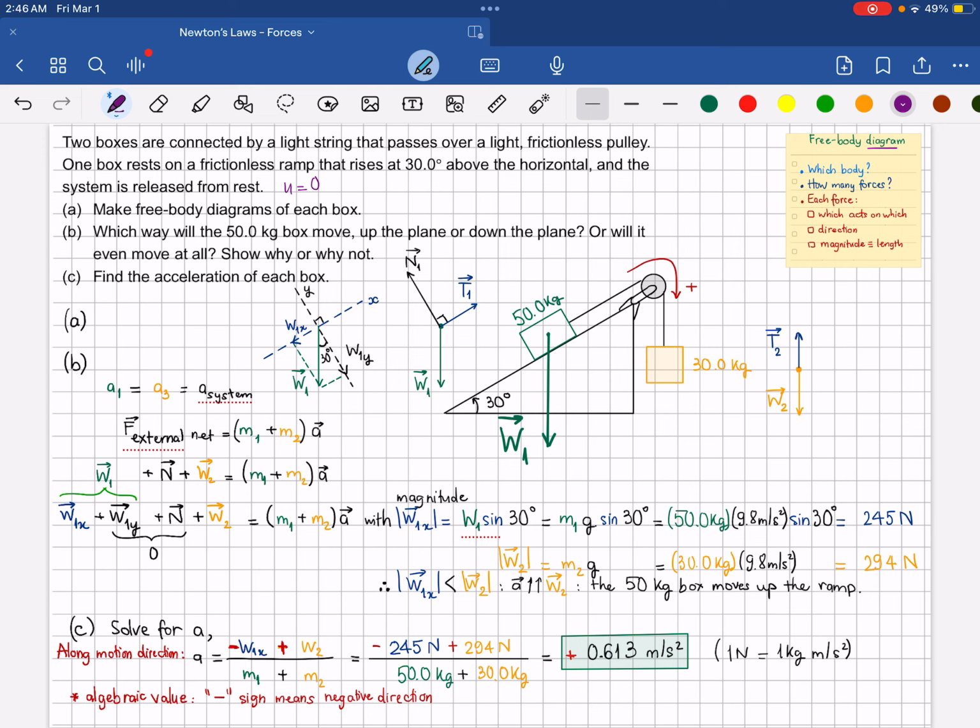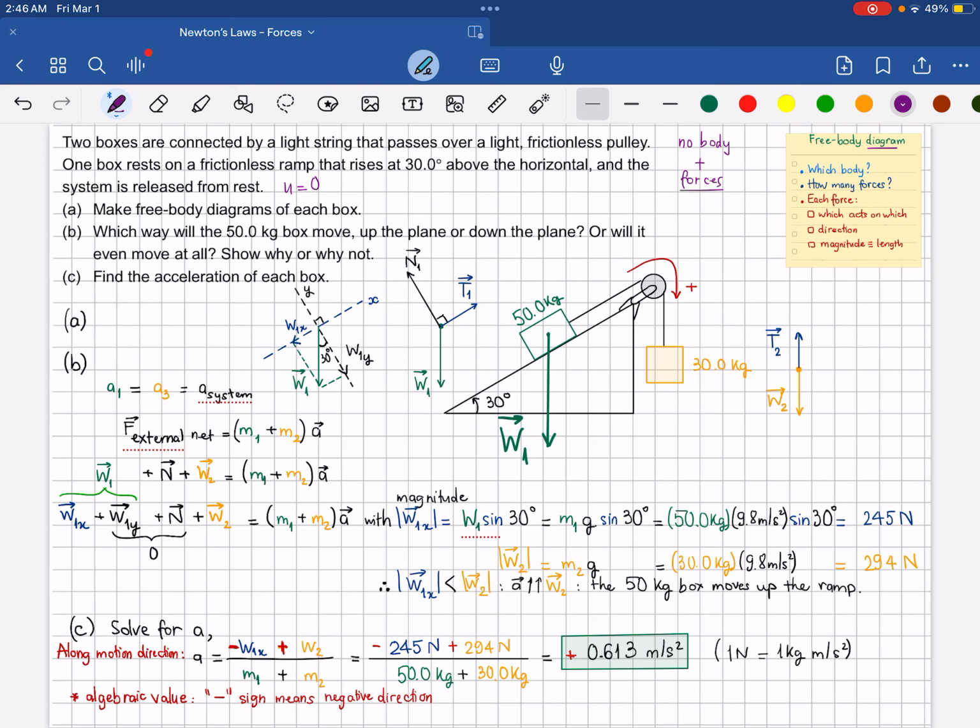They asked us to make a free body diagram for each box. So again, in order to draw a free body diagram, we need these elements. So what is a free body diagram? Again, that's a diagram that frees a body, which means that no body is shown, and what we need to focus on are the forces.